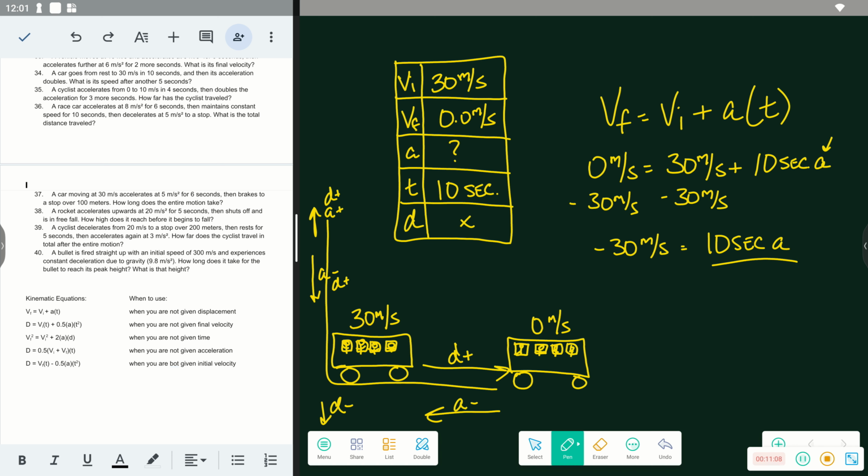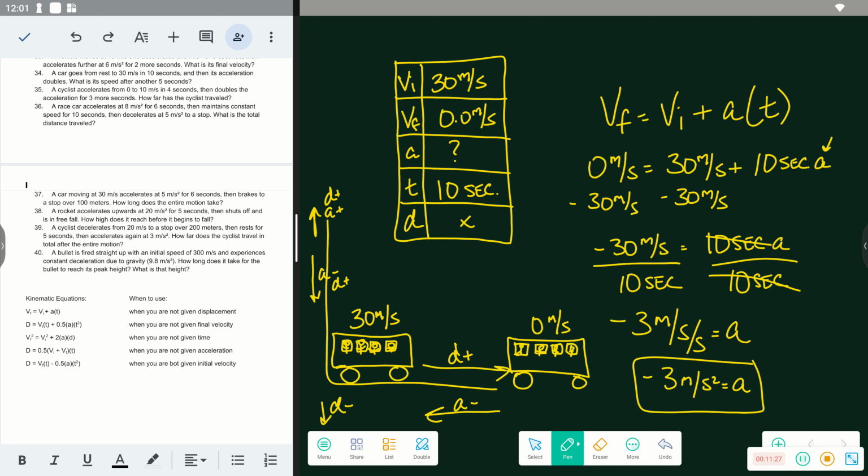Divide by 10 seconds. These cancel. You're left with acceleration equals negative 3 meters per second, or negative 3 meters per second squared. Either answer is correct. Okay?